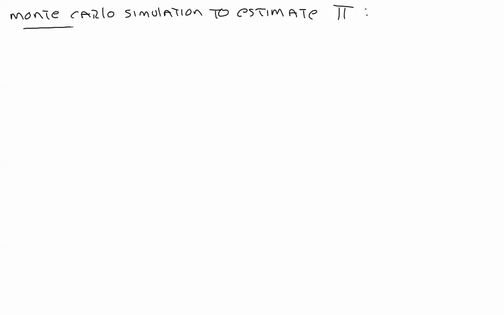It's a classic example, an introduction to Monte Carlo simulation. You're going to write me a program to do the steps that I'm about to describe for you. So let me set up the geometry of the problem.